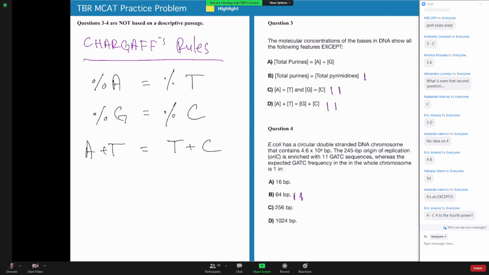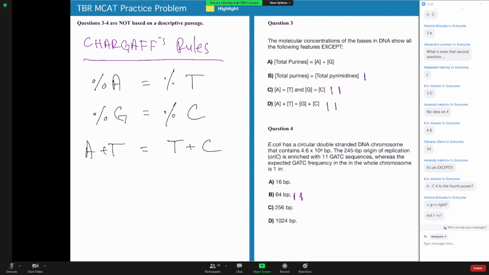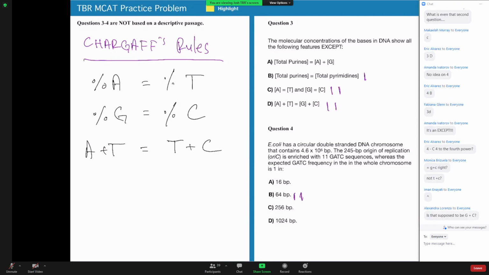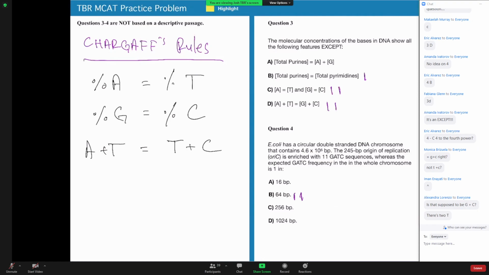And therefore, total A plus G is equal to total T plus C. Did I write T twice?